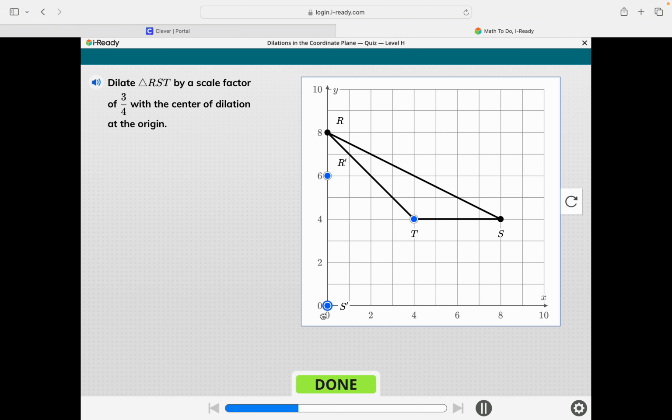S prime is 6. Walking to 6, and go up 3. Right there. I'm going to do T as well. T prime is 3 and 3. Walking to 3, and then walk up to 3. Okay. Do not go down, okay?